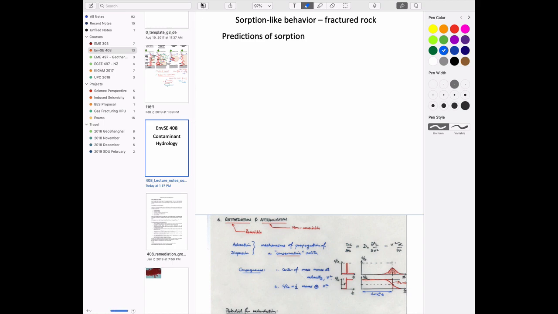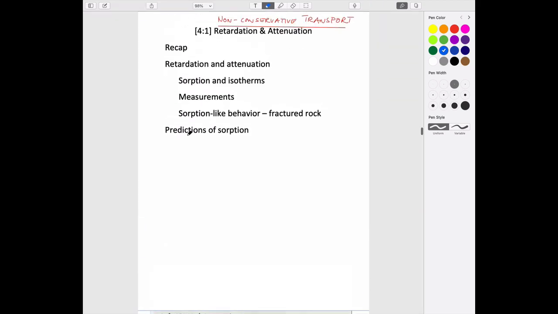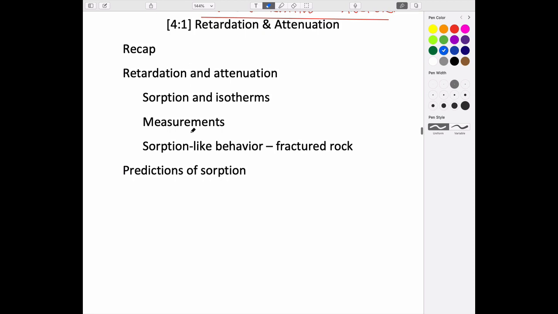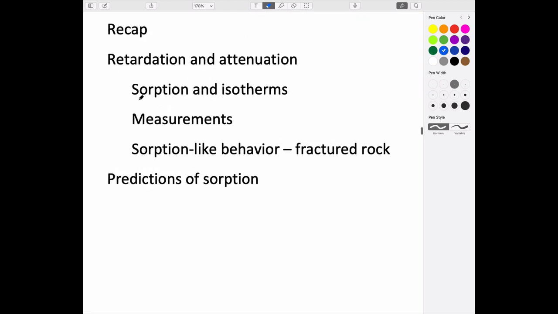And so what we've done is, if we look at this, we've looked at what the process of sorption is. This KD property is really an isotherm. It tells you what the concentration should be if you look at equilibrium behavior under different concentrations of liquid in terms of how much gets sorbed onto the solid.